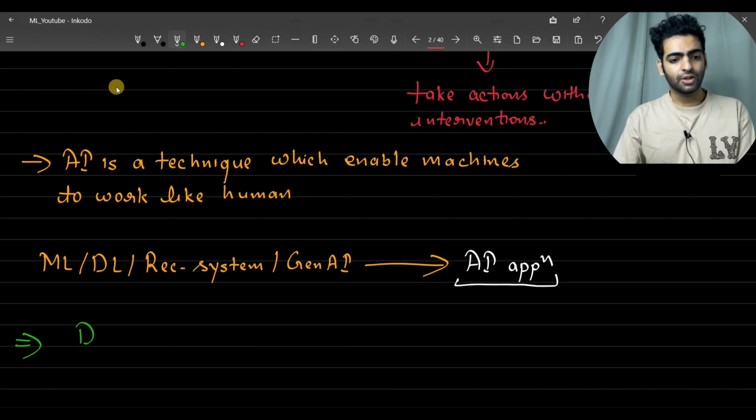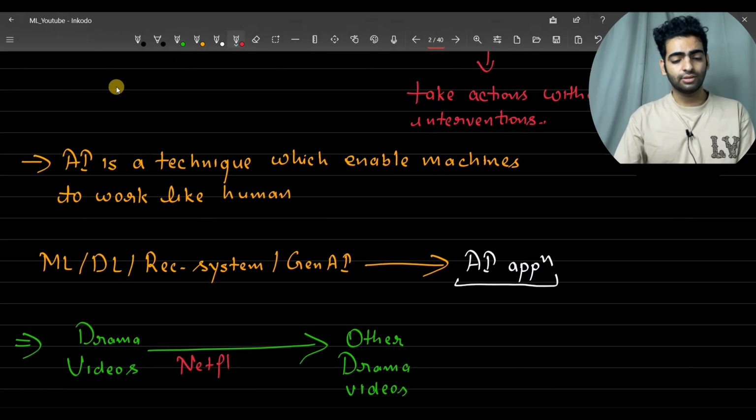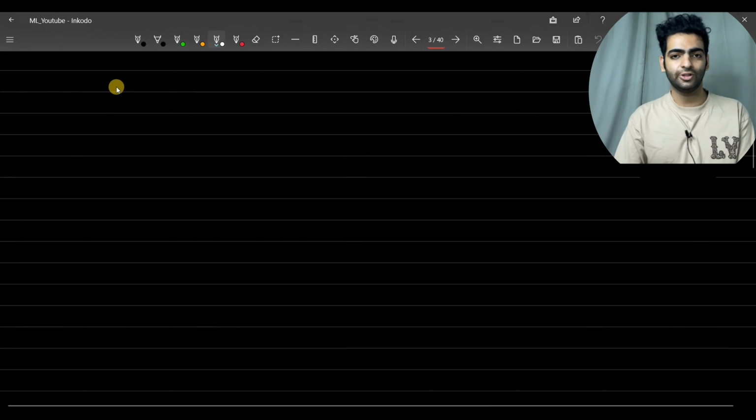So imagine you're watching some drama videos, let's say on YouTube or Netflix, then more likely this platform will recommend you other drama videos, right? Because under the hood, Netflix have actually implemented something known as a AI based recommendation system, or they have actually built a AI application just to recommend all those videos.